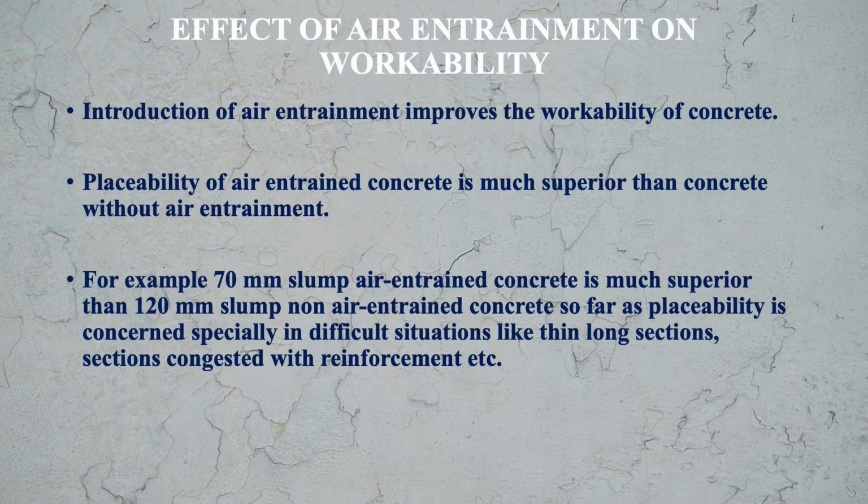So far as the placeability is concerned, we are considering it in difficult situations like thin long sections or sections congested with reinforcement. In such situations, the 70 mm slump concrete with air entrainment is superior to the 120 mm slump non-air entrained concrete.